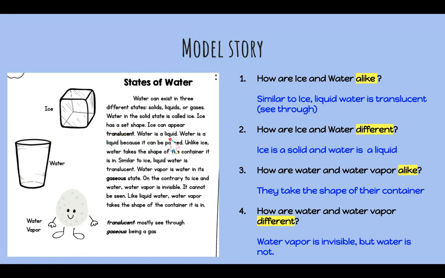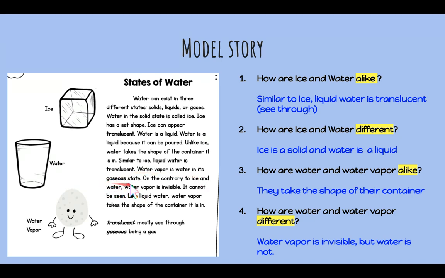Water is a liquid. Water is a liquid because it can be poured. Unlike ice, water takes the shape of the container it is in. Similar to ice. Oh, look at that, comparing word, similar. Similar to ice, liquid water is translucent. Water vapor is water in its gaseous state.